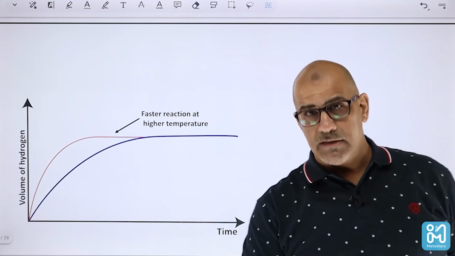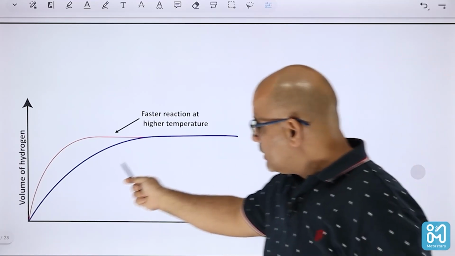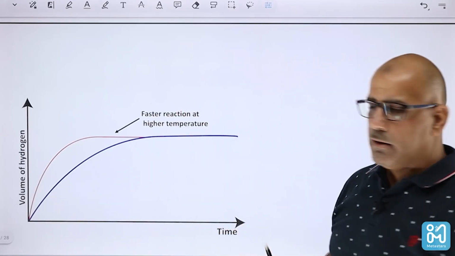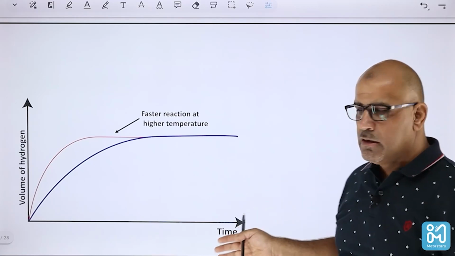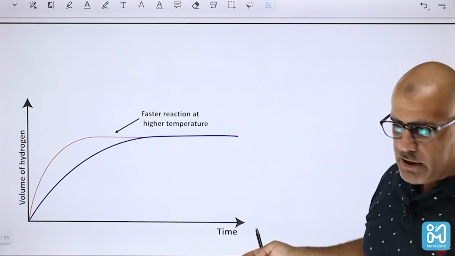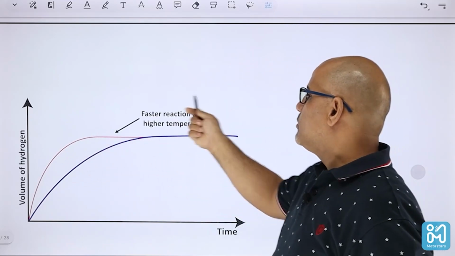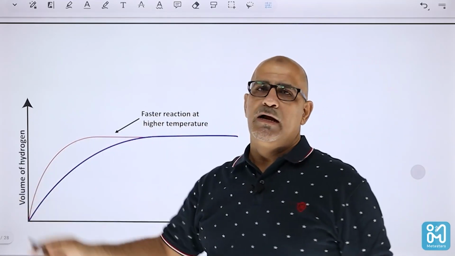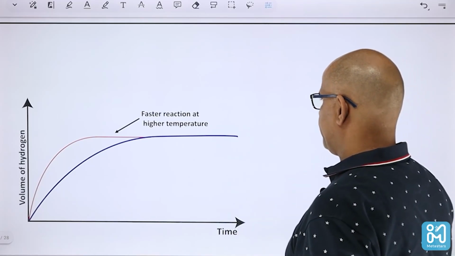Now, to explain this on a curve, the blue one is the original one, where the reaction, for example, takes place at 30 degrees, 40 degrees. If you increase the temperature, the reaction goes faster at the higher temperature.